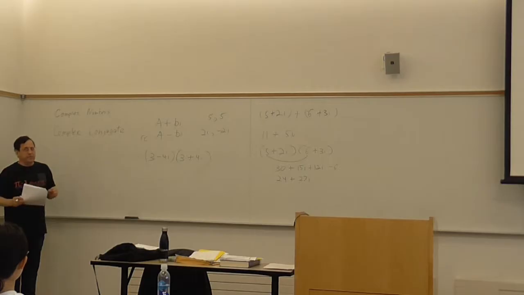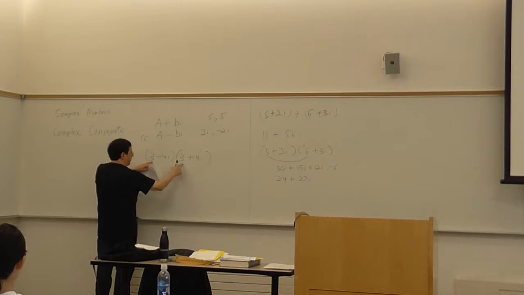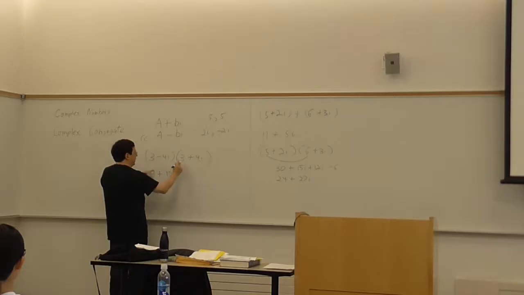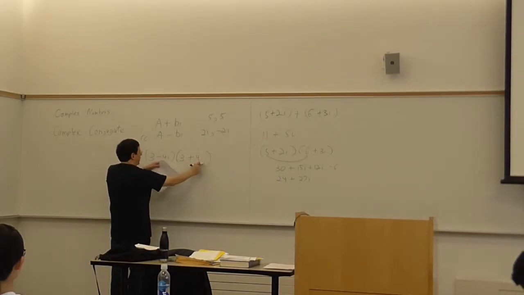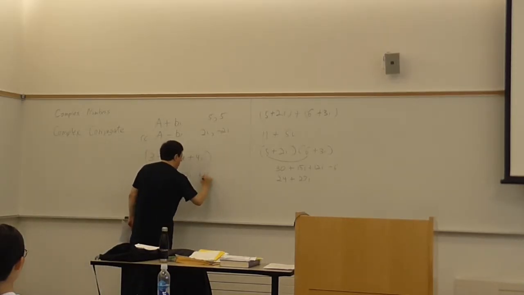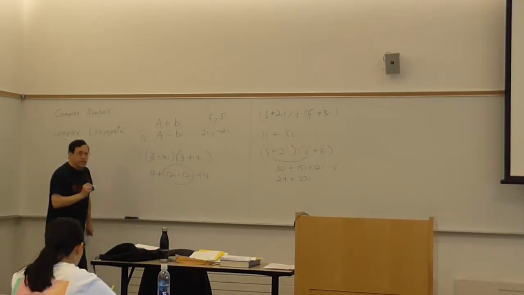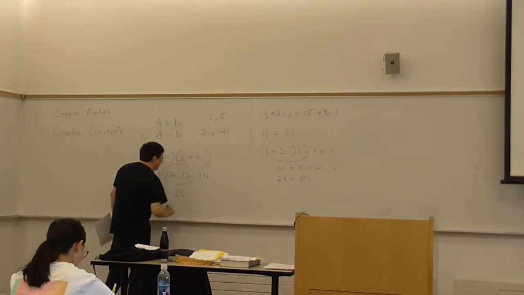But it's going to come out a little differently. All right, let's multiply. The first is 9. The outer plus 12i. The inner minus 12i. And then the lasts, 4 times 4 is 16. It's minus 16 i squared, so it's plus 16. The thing to notice is that the imaginary part's always going to drop out. So we're just left with 25.